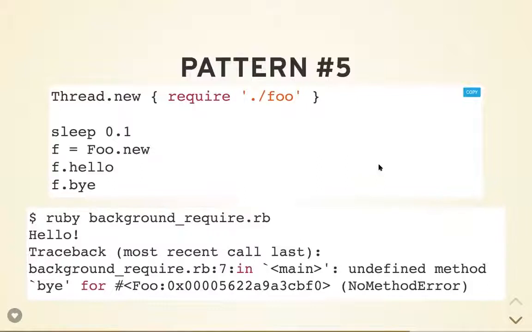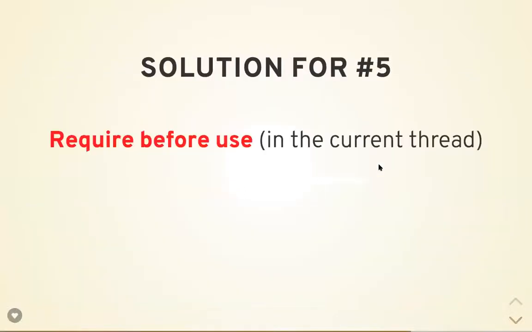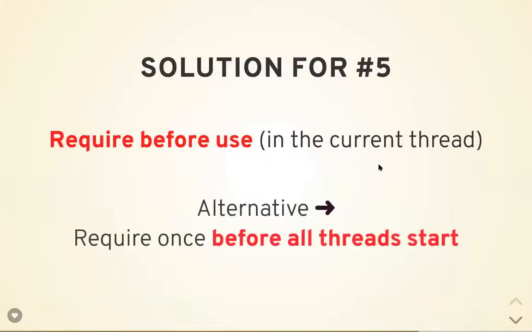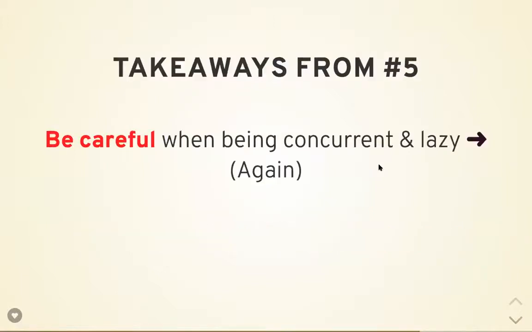Of course, this one is pretty obvious, you would never write something like this, but sometimes the frameworks write it for you. So you need to be careful. So the solution is always require before use in the current thread. And as an alternative, you just require once at the beginning of your application, require everything, do not do anything lazily, and boom. So again, be careful while we're doing concurrency and lazy work.